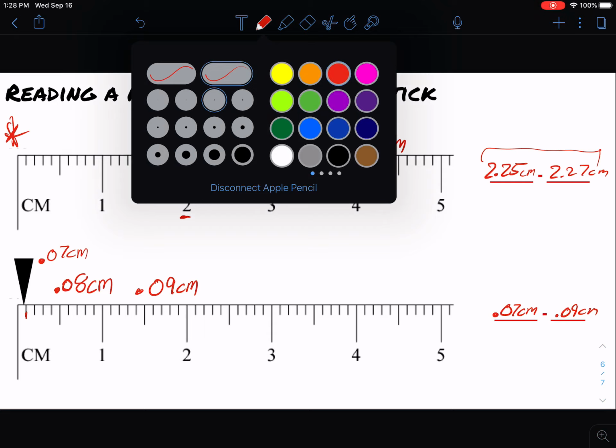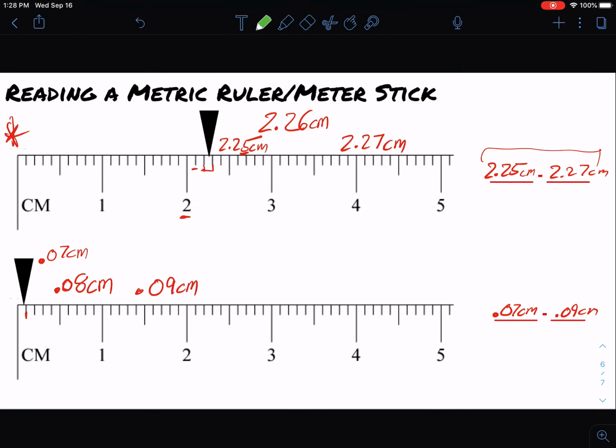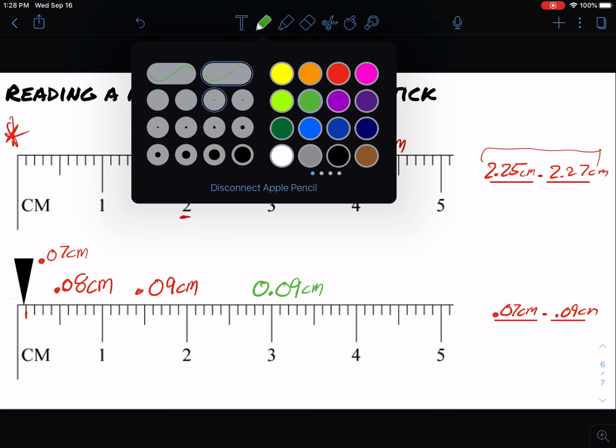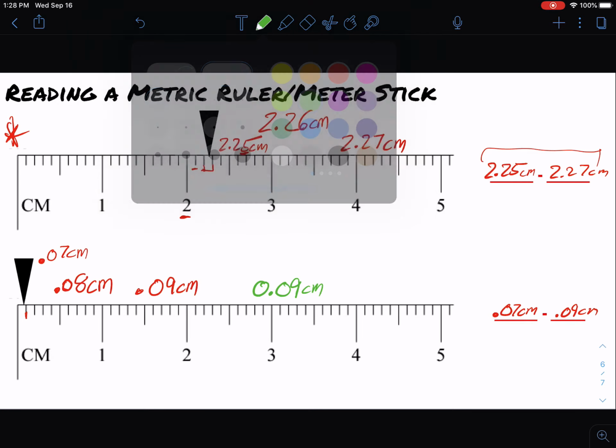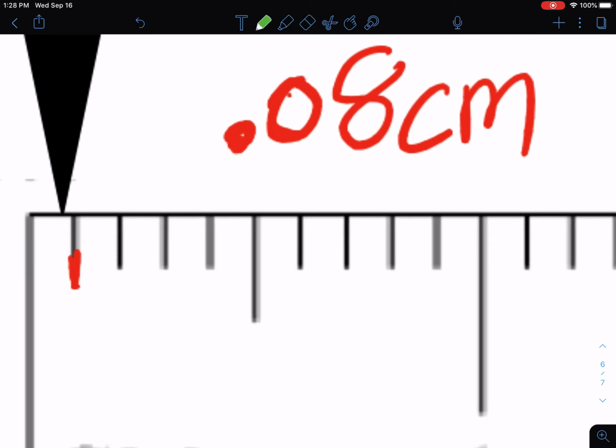Now, if you wrote your answer as 0.09 centimeters, that is not incorrect. It's the same as when we were working with sig figs. It is not incorrect. Now, if you ever ask my opinion about where measurements should be, I'm going to zoom in really close here.